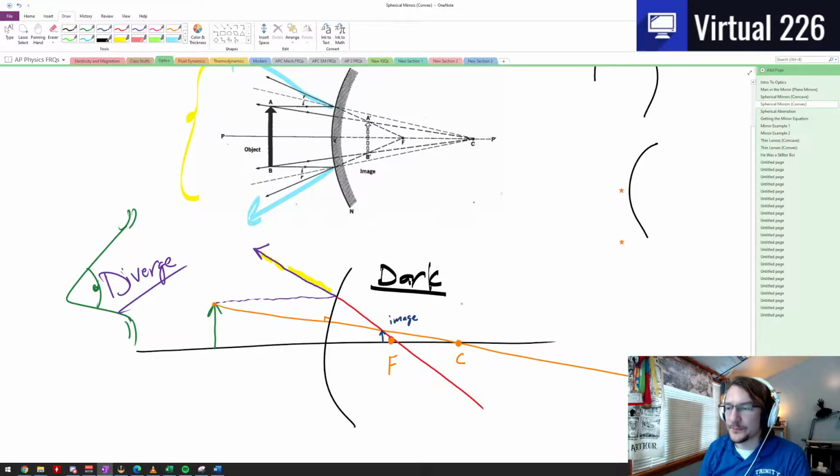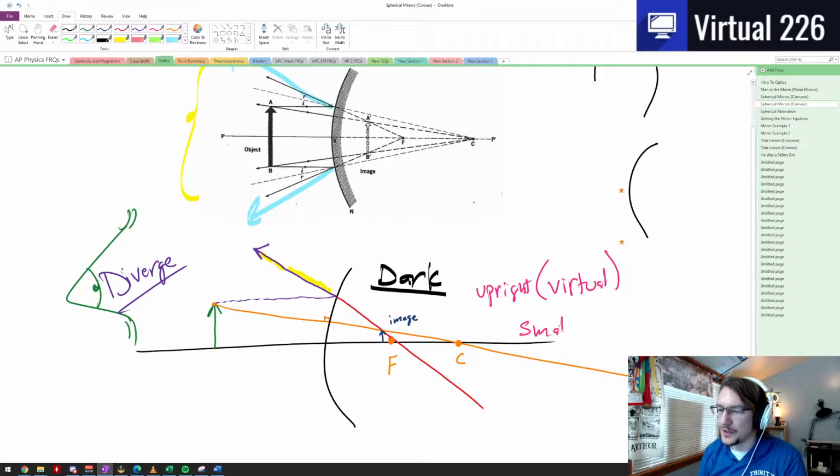And as we see here, this image is upright, which means it's going to be virtual. It didn't flip. This arrow's up, this arrow's up. And it has actually become smaller. This will always be the case. Okay? In a convex spherical mirror, the image will always be smaller than the object.